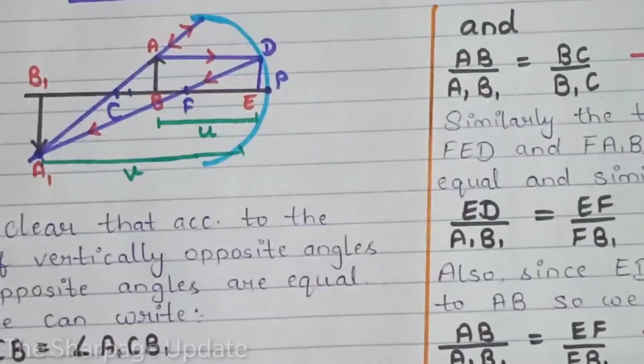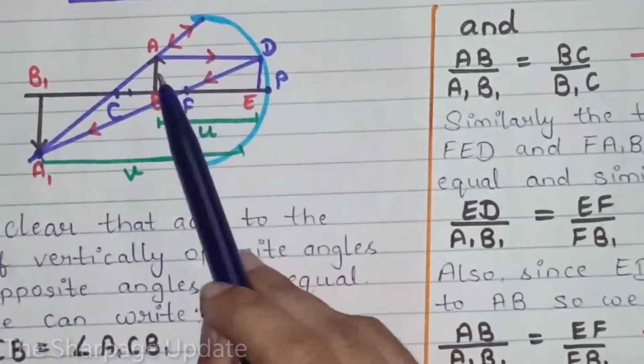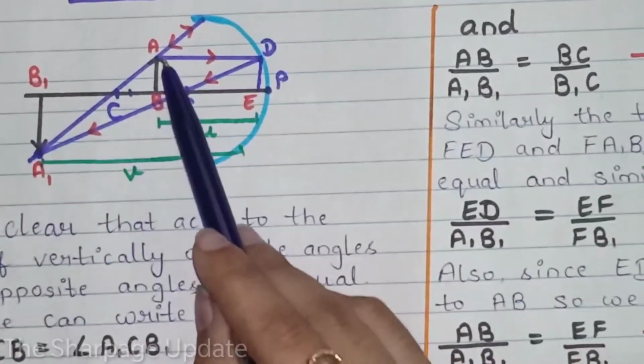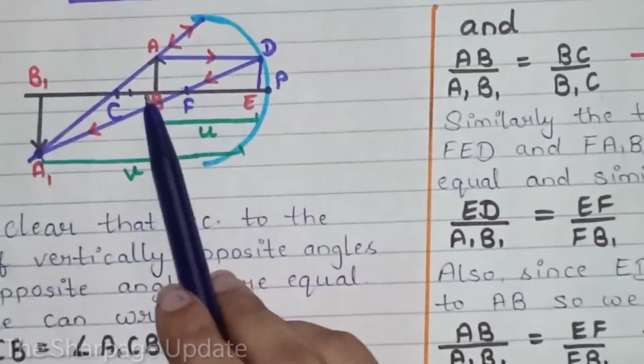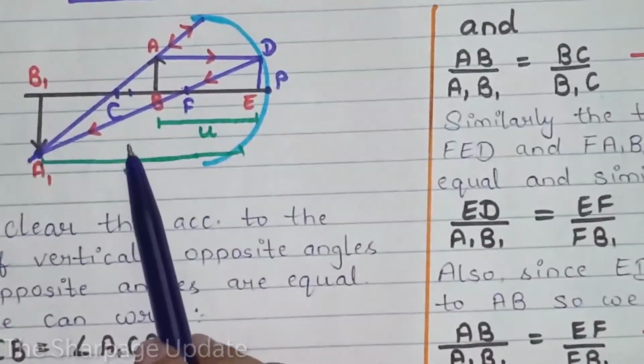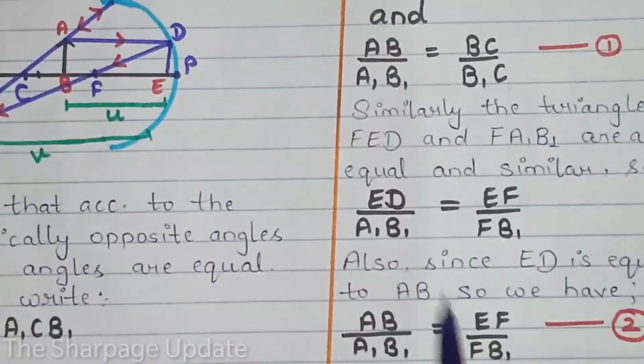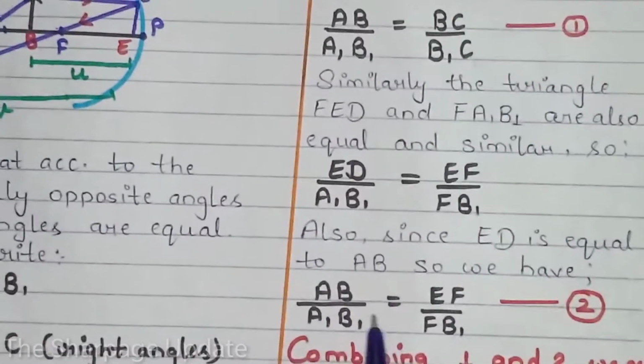Students, you can see here ED is equal to AB, they are of the same length. So we write AB in place of ED. Now the second equation becomes AB upon A1B1 is equal to EF upon FB1.